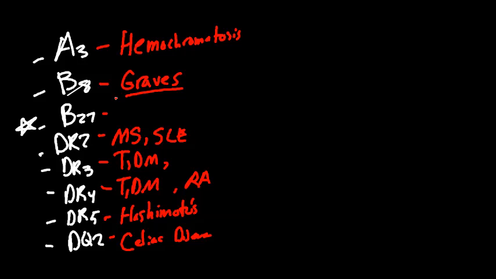Alright, so I saved B27 for last because this is going to be the important one. I've taken multiple tests and they've all tested on the B27, HLA-B27, the component of the major histocompatibility complex. You're going to have 4 major associations. You're going to have psoriasis, which is going to be an autoimmune disorder.